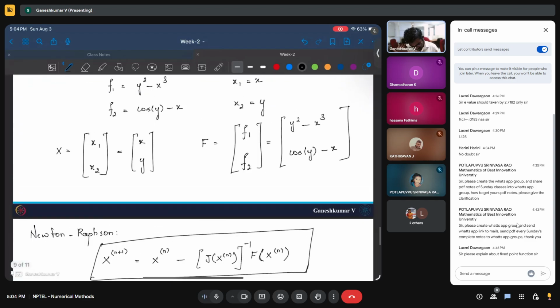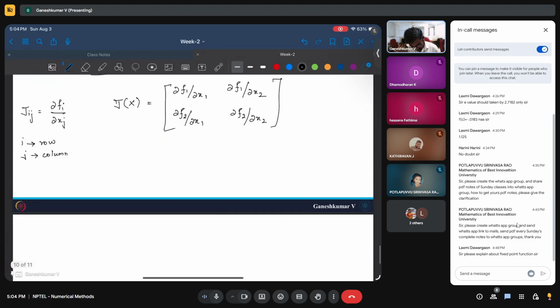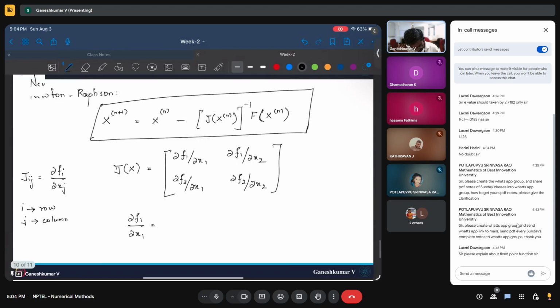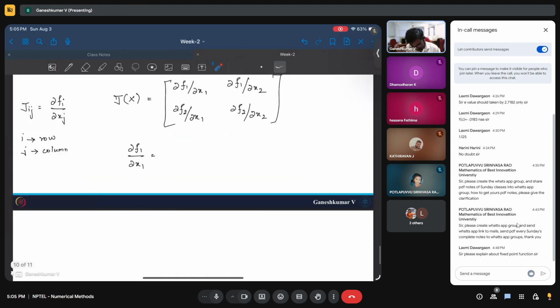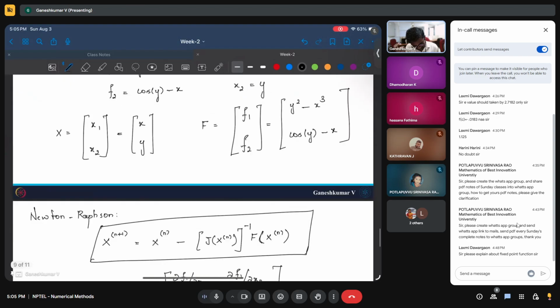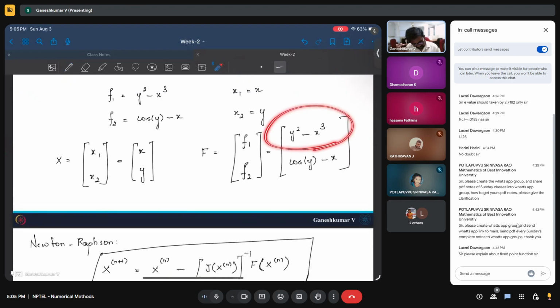We know the functional form, so we can find dou f1 by dou x1. What will happen? It's y square minus x cube, so it will be minus 3x square. Let me directly write it in the Jacobian matrix. So J of x is going to be, this will be minus 3x square. Similarly, if you differentiate f1 with respect to x2, which is y, this becomes plus 2y.